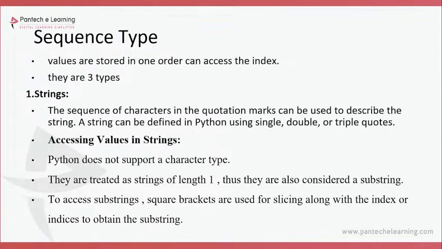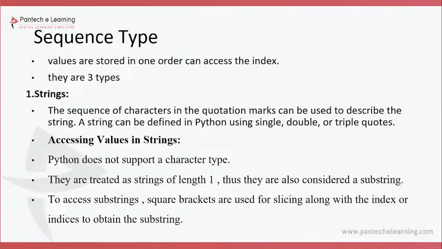Sequence type means a collection of characters, and first we have string. In Python, I already told that there is no character type data, so we store it as a string of length one.